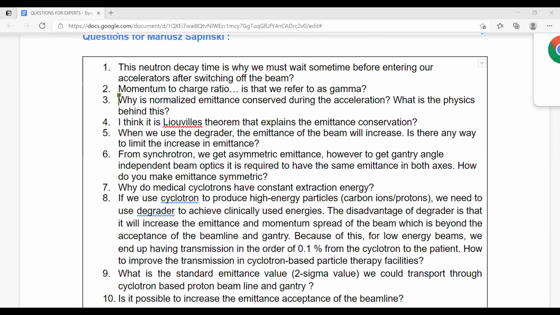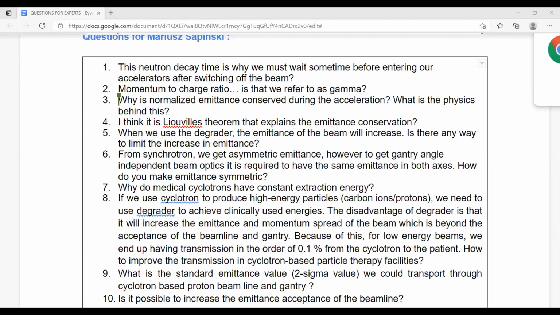Why is normalized emittance conserved during the acceleration? What is the physics behind it? Yeah, so the best way to explain this would be to do a short calculation. It's the relativistic physics which is behind it, and when you look at the transverse and longitudinal components, transverse movement is not affected by relativistic effects.